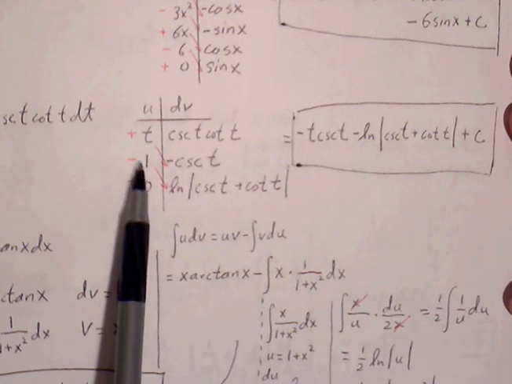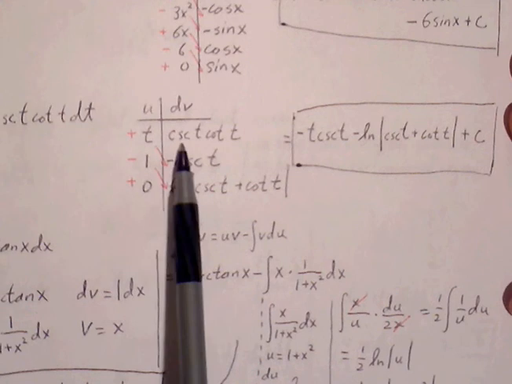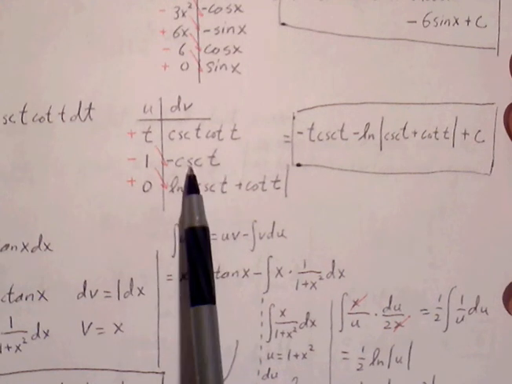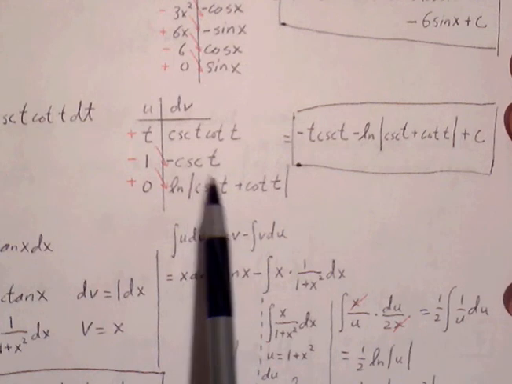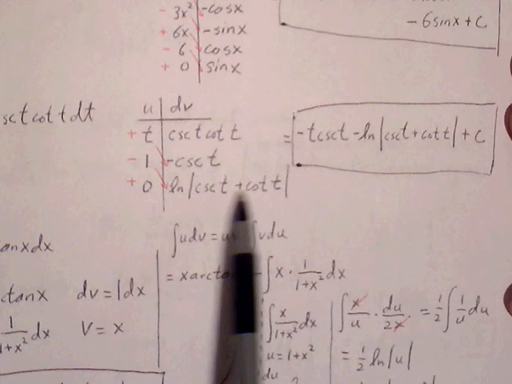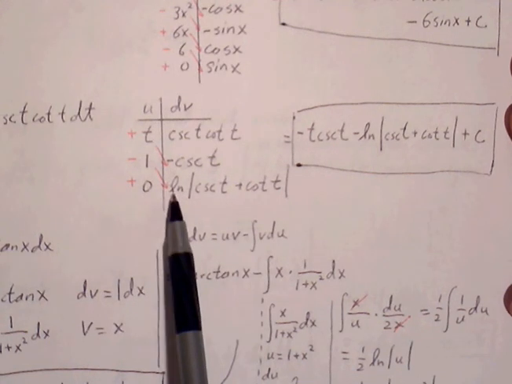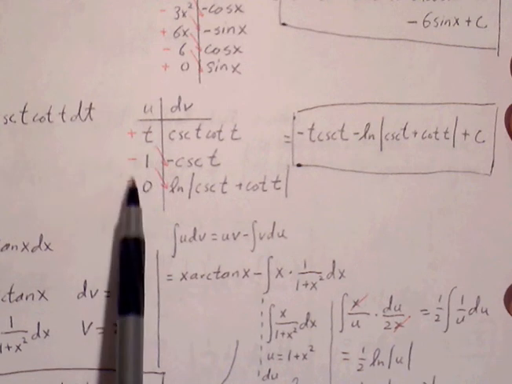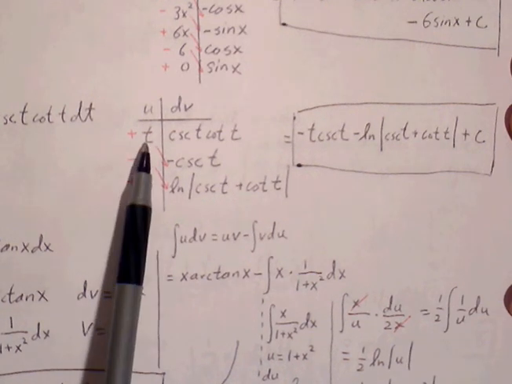T becomes 1, and then becomes 0. Integral of cosecant cotangent is negative cosecant. And then the integral of cosecant is negative natural log of cosecant plus cotangent. But these two negatives will cancel out, leaving us with positive. Alternating signs, match up diagonal terms, and then multiply.